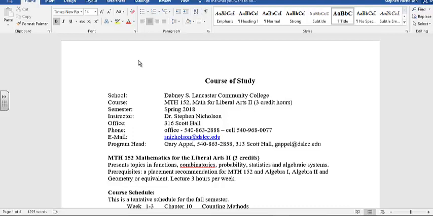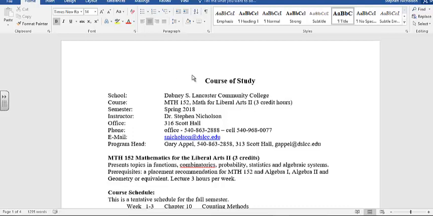So here's the course of study, which I can give you a copy when you come to class. This is Math 152. As you can see in the description, it's topics in functions, combinatorics, probability statistics, and algebraic systems.